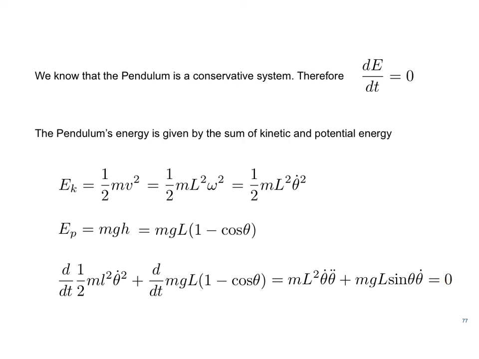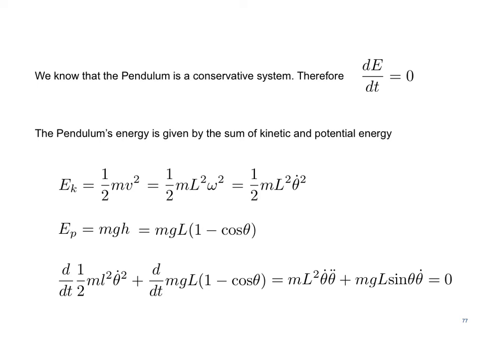So this is an energetic approach. You can also derive the equation for a pendulum in terms of a balance of forces. But right now we just follow this approach, which is also pretty interesting.